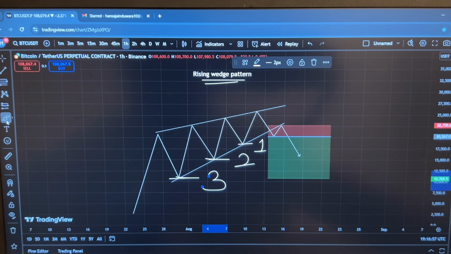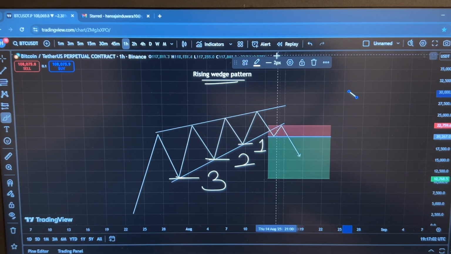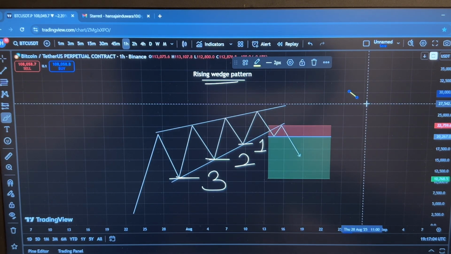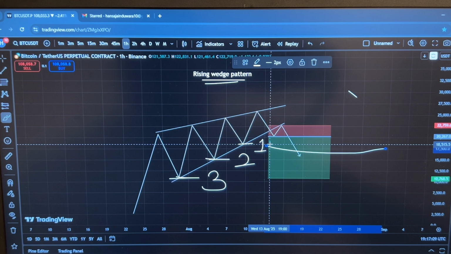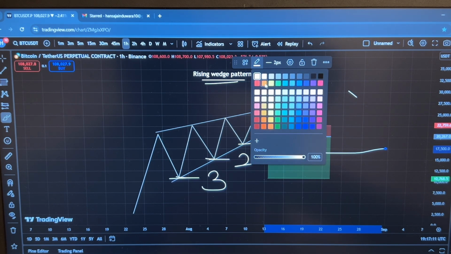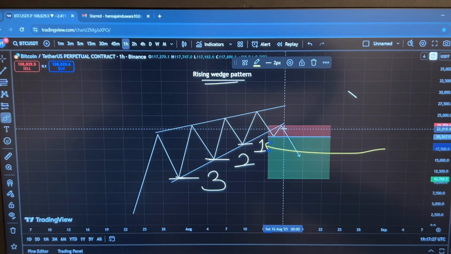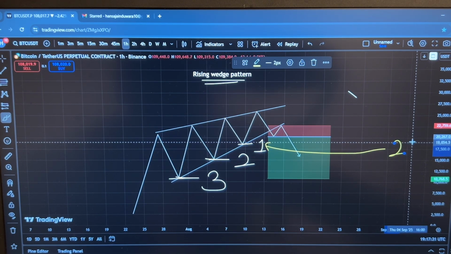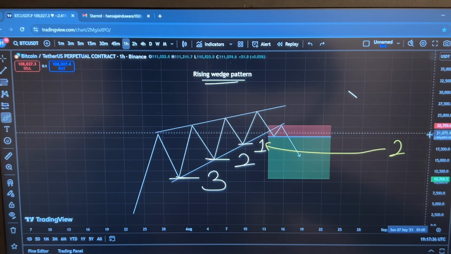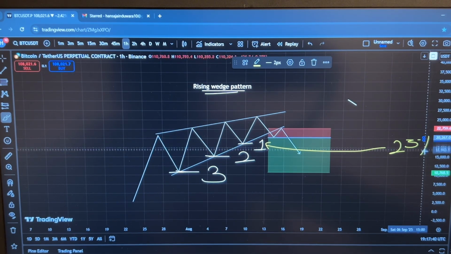So for this part, let's change the color so you guys can actually understand. For this number 1 level, once the market comes to this level, you just book 25% of that trade.